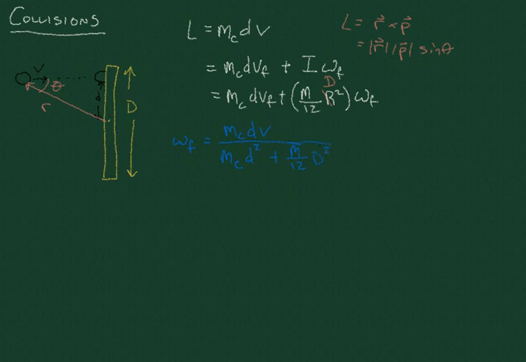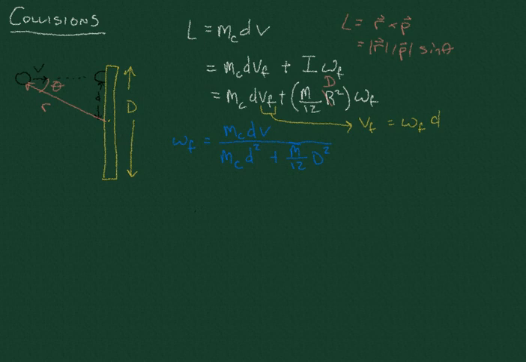Okay, and so the way I got this term, remember, is that velocity is equal to omega final times its distance from the point of rotation, which in this case is d. So that's where we got the other d here for the d squared. So this is the rotational speed of the system.